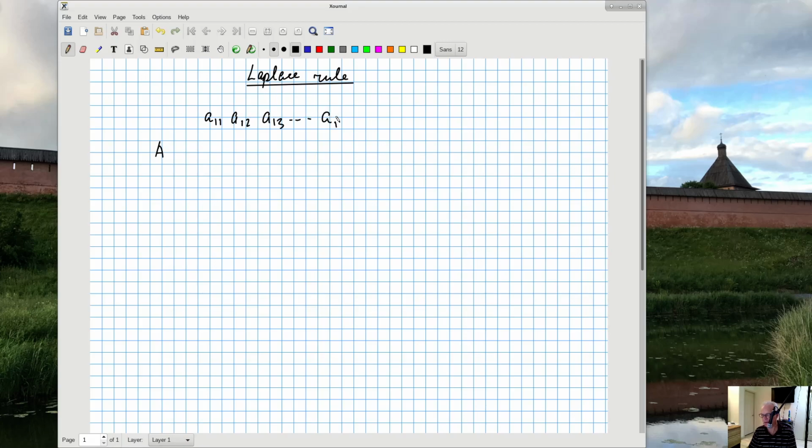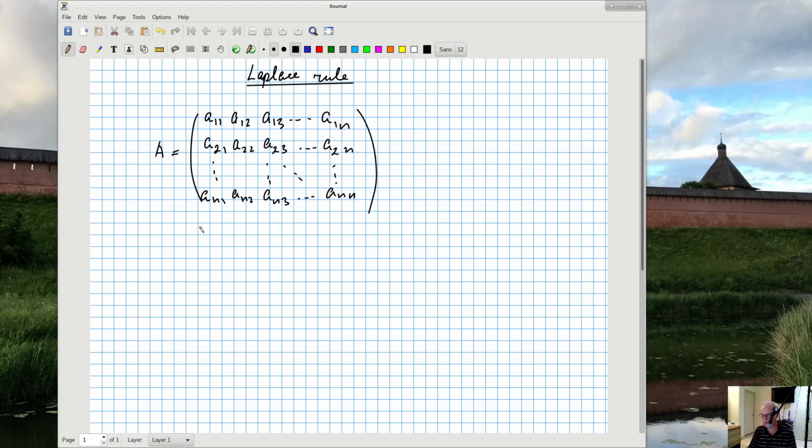It's the first row, the second row, and so forth. It has n rows and n columns. And you need to calculate the determinant of this matrix.